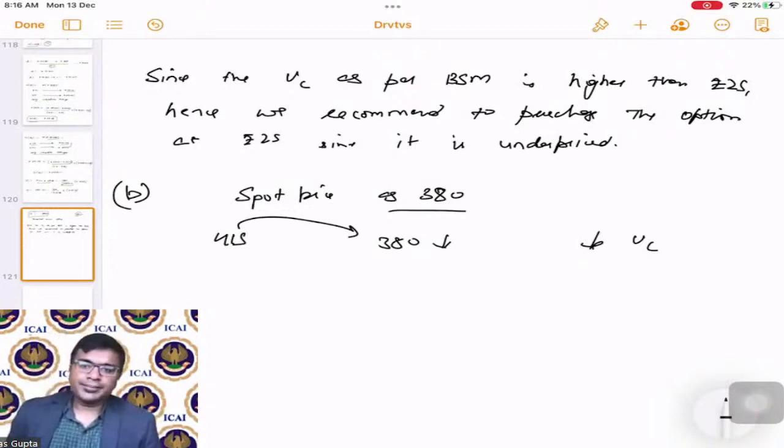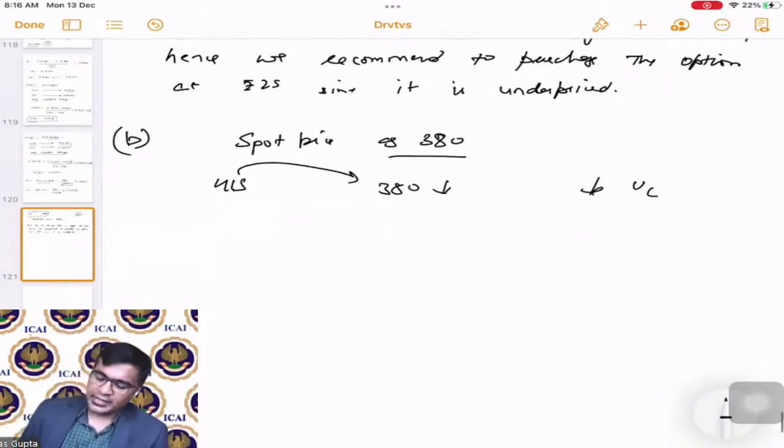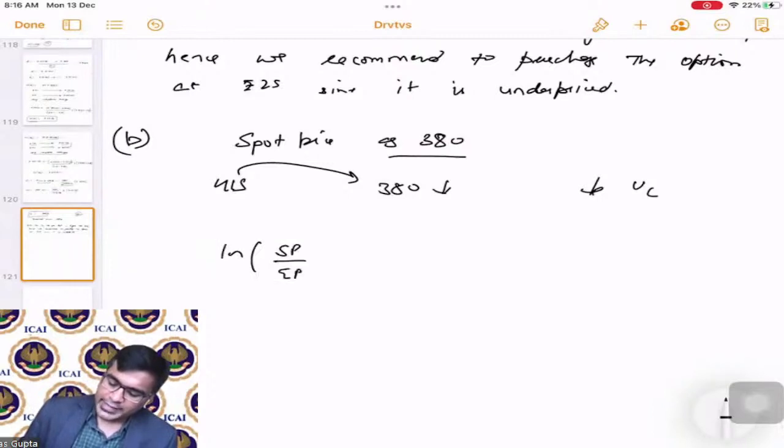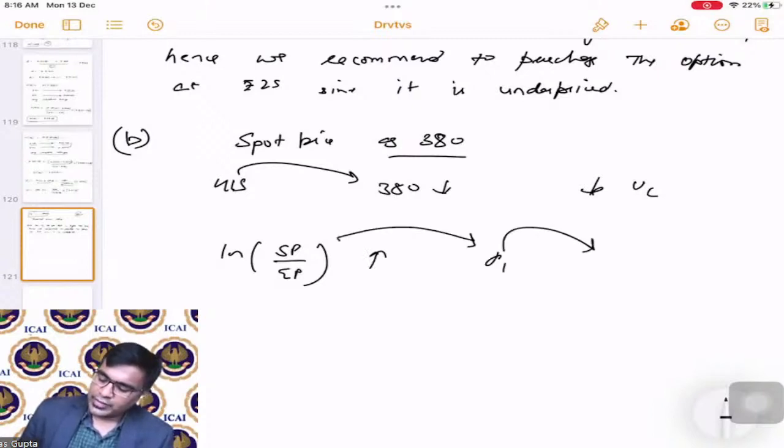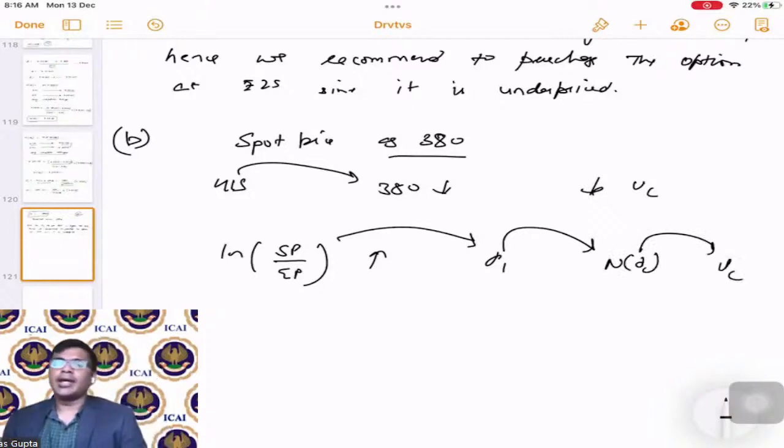This is what the D1 and D2 are also doing there. Using the D1 and D2, the same logic applies here as well. Yesterday we studied the natural log of spot price divided by exercise price. In case it goes up, this will result in higher D1, which will result in higher ND1, and which will further result in higher value of call option.